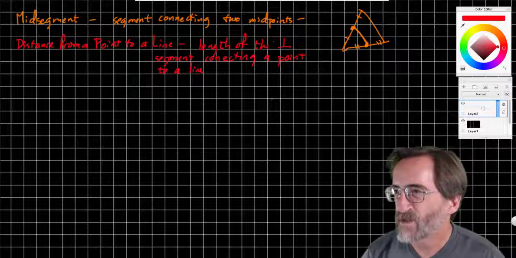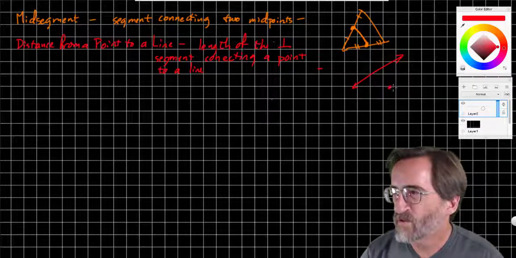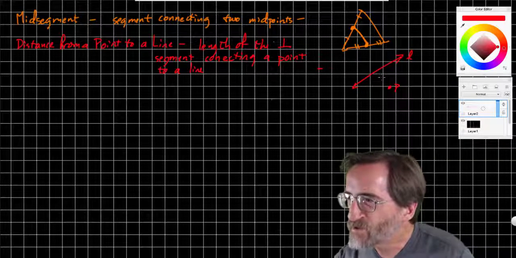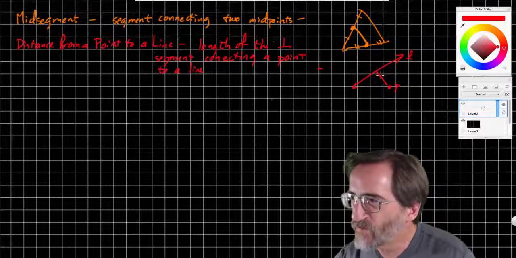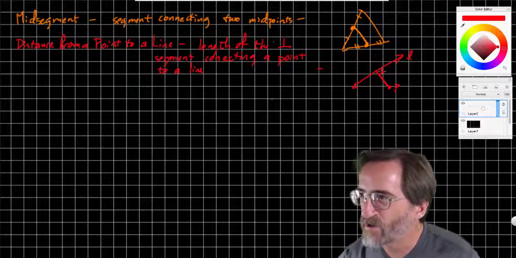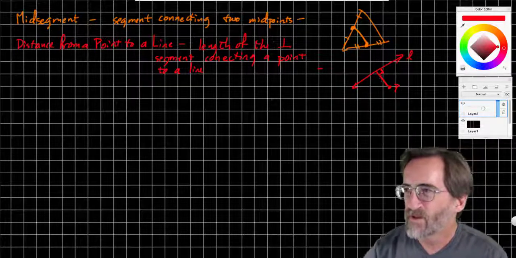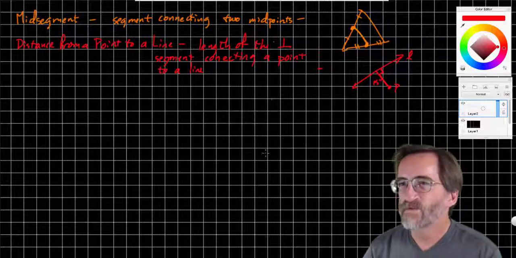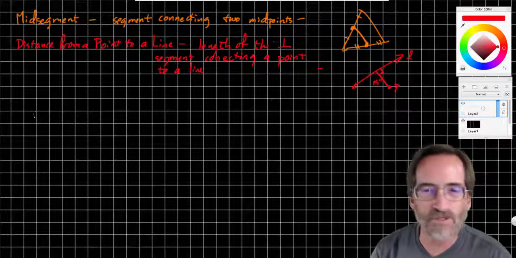So, example, here's our line, here's our point, call it P, the line L. The distance from a point to a line is the length of the segment from P to L that makes a perpendicular or right angle to L. And maybe this is 15 inches. Distance from a point to a line must be measured on the perpendicular.